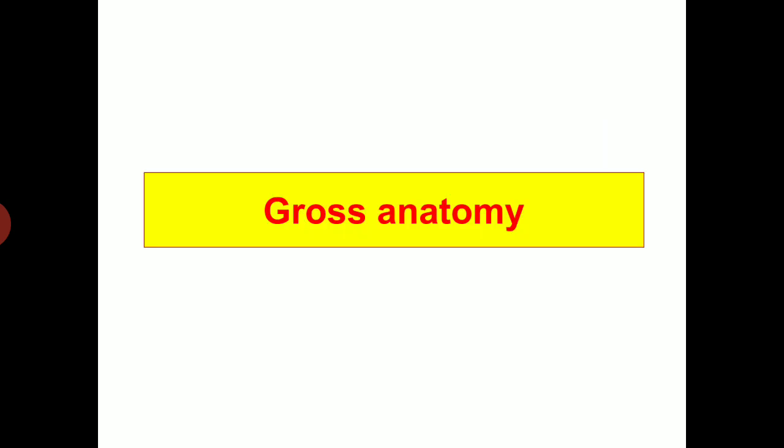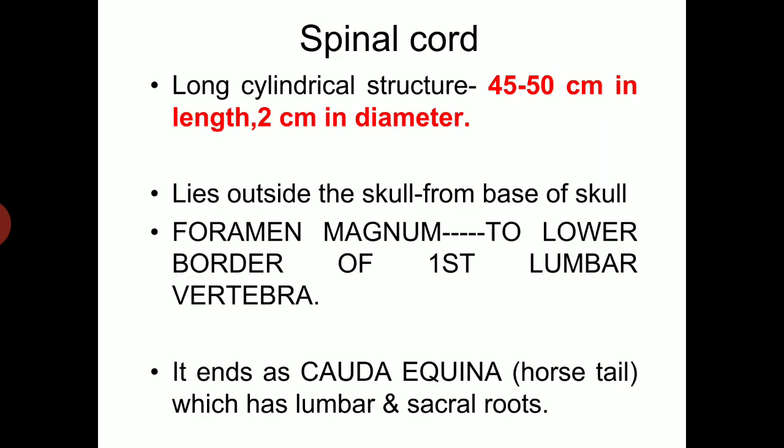Now, structure of spinal cord. Gross anatomy. It is a long cylindrical structure, 45 to 50 centimeter in length and 2 centimeter in diameter. It lies inside the vertebral canal from the base of the skull. Now, extent of this spinal cord is from the foramen magnum to the lower border of the first lumbar vertebra, and it ends as the cauda equina, a horse tail like structure, which is made of lumbar and sacral roots.